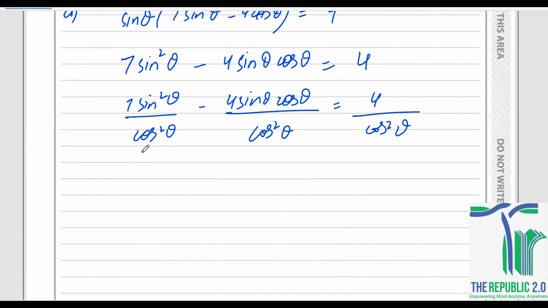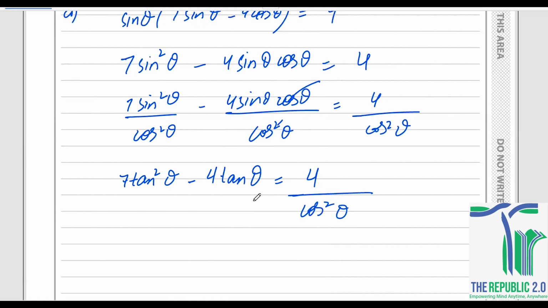Now I'm just going to sort it down. This would become 7 tangent squared theta, right? And then this and this would cancel out, and I would have 4 tangent theta. And over here, I would have 4 upon cos squared theta.